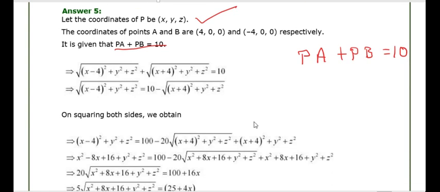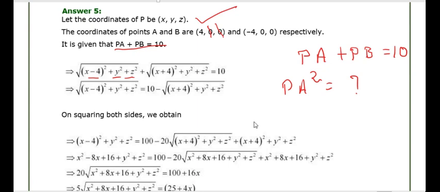Here, PA plus PB equal to 10. So first I will apply the distance formula, but here, unfortunately, it is not PA square, so I will write it under root. So under root of x minus 4 square, y square plus z square, because the remaining two are 0.